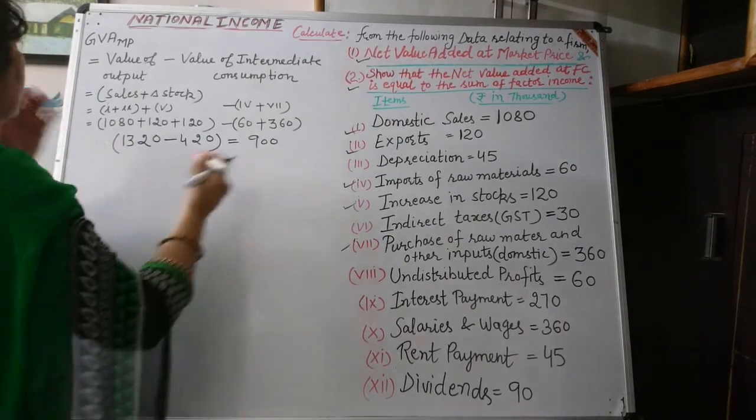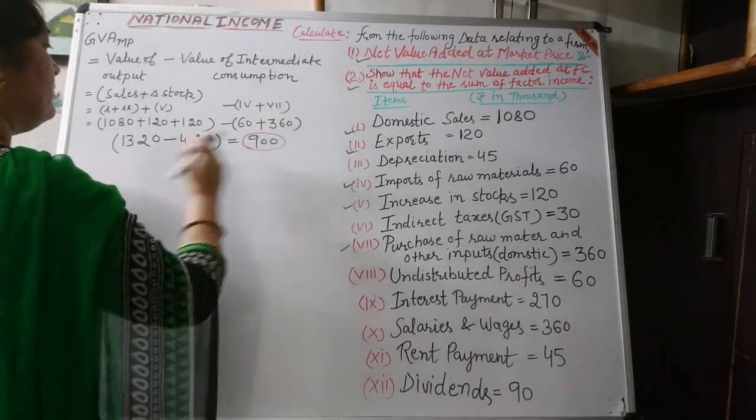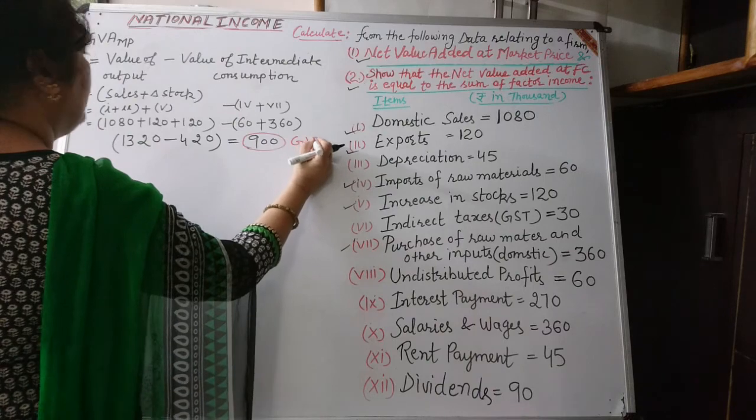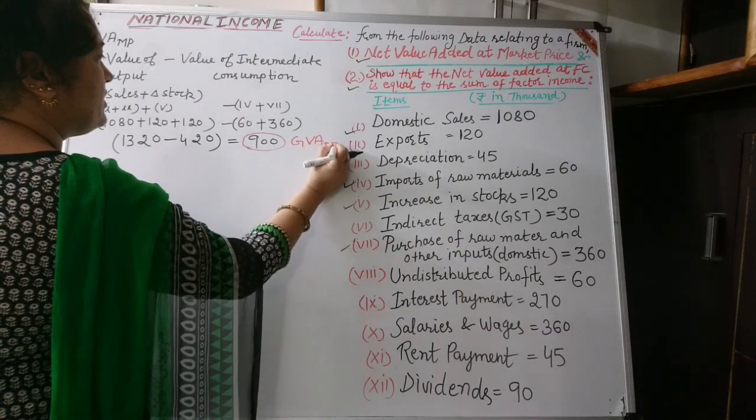So 900 is the value of gross value added at market price.